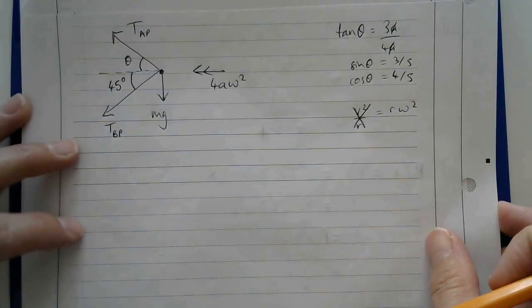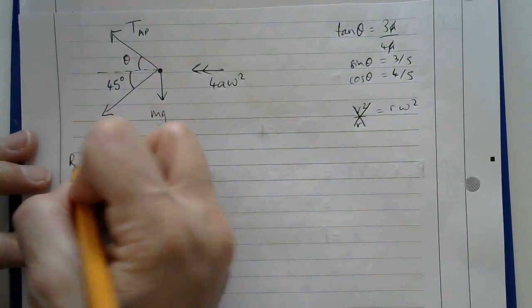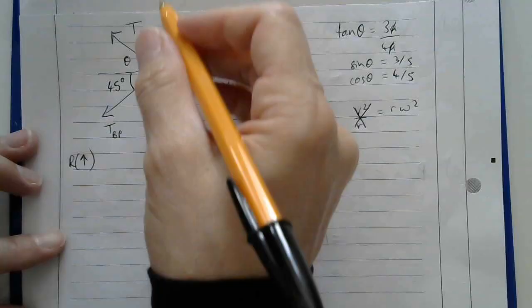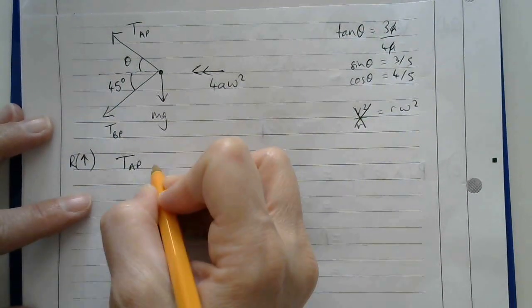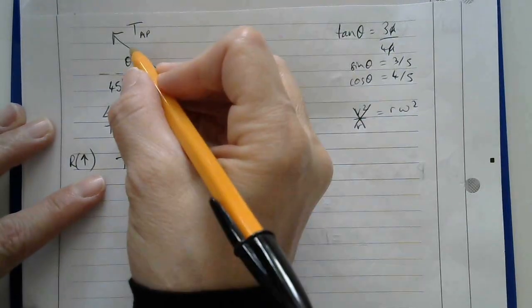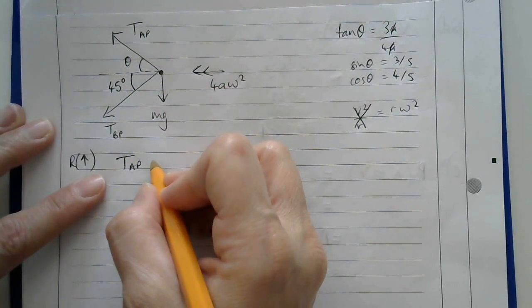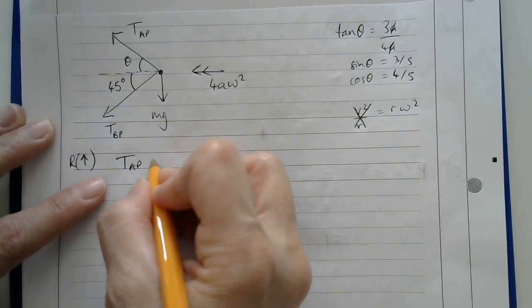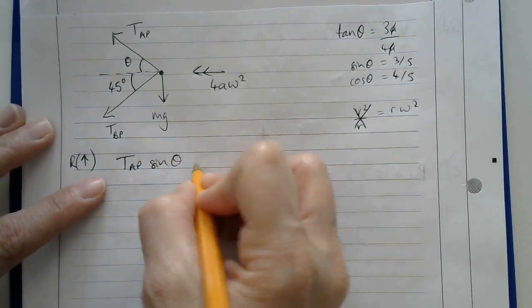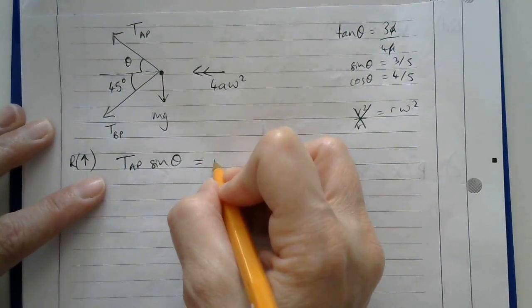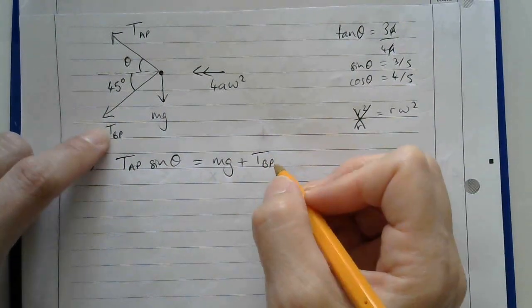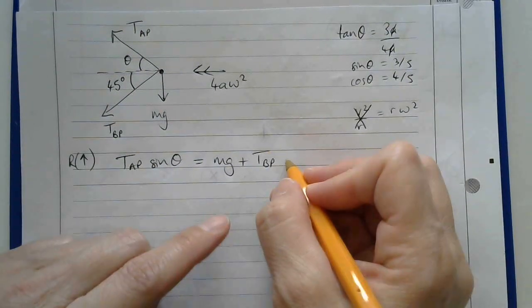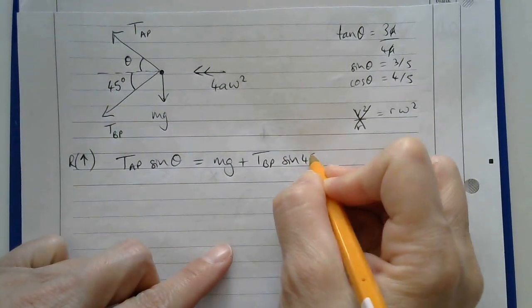Okay, now I can begin by resolving vertically. And vertically it's not accelerating, so forces up equal forces down. So I have TAP sine theta, which will be 3/5, but I'll put that in later, equal to mg plus TBP multiplied by sine or cos, it doesn't matter, of 45 degrees.